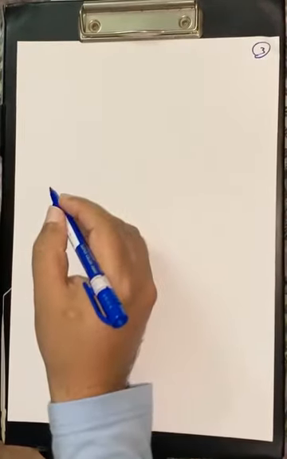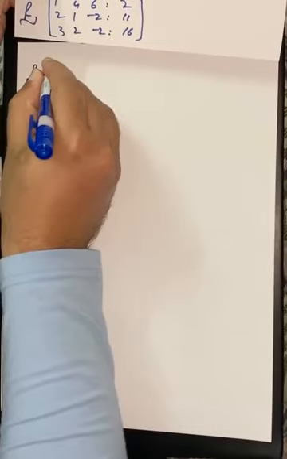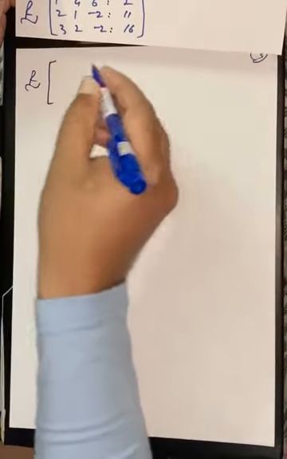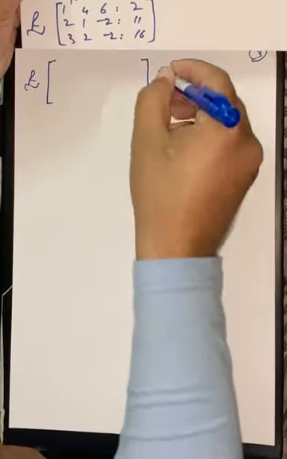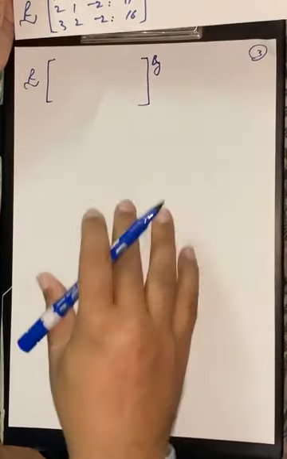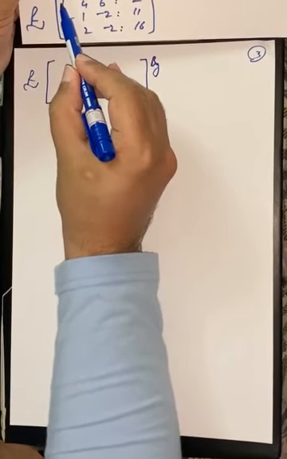So now we convert to echelon form. Row operation. First we write the empty system. What do we want to do? Here we have 1.